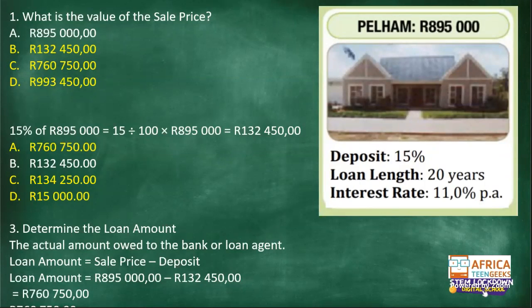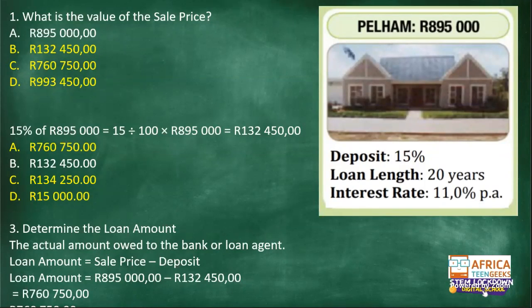But do not forget that for everything that you need to do, if you are going to calculate the loan amount, then this means you will have to look at the interest rate. So it's very important because every loan has got its own interest. So now you are going to look at the interest rate, and then you can just calculate and see for yourself how much you are going to pay in as far as the loan is concerned.